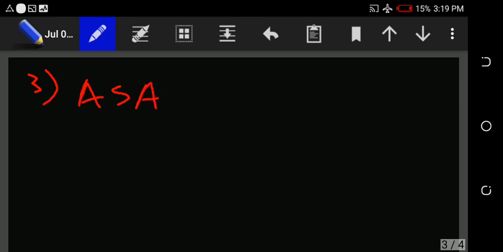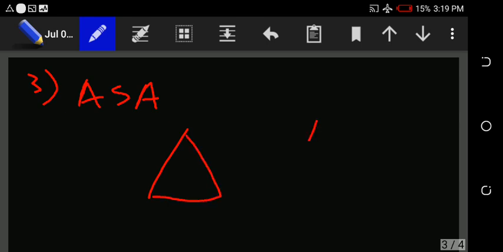All right, so we have angle side angle. That is when two angles are equal, and then one of the sides is also equal. That is, one of the sides of one triangle.